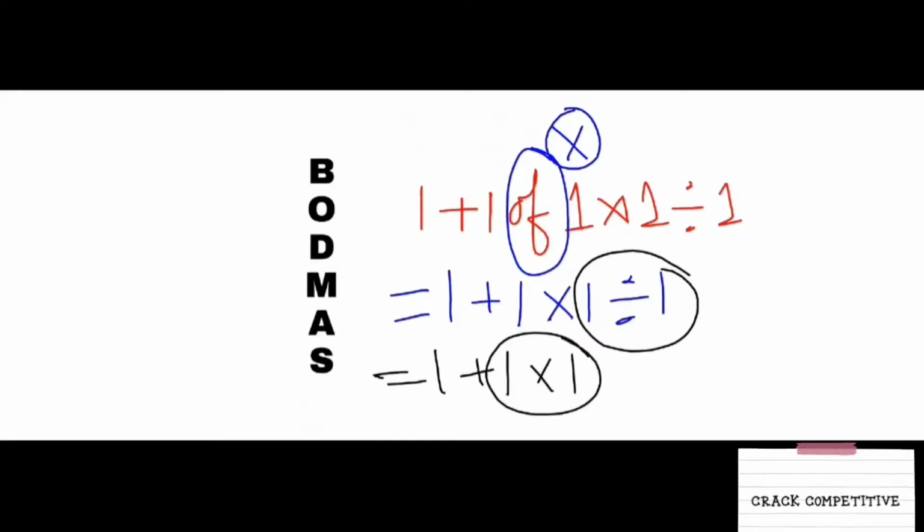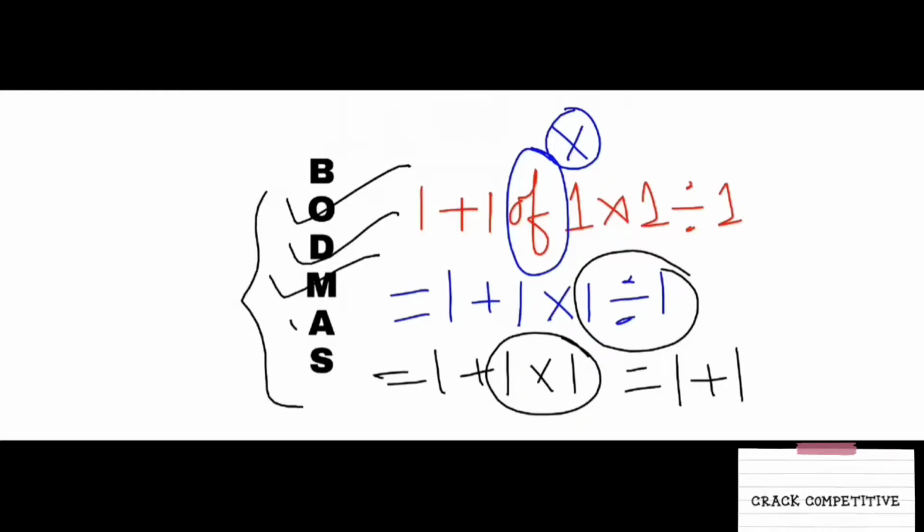You have done first 'of', then you have done division, then you have to do multiplication now. 1 plus 1, right? There is no subtraction. You have seen this problem earlier regarding all this, so now I'm showing this as an example. Then lastly you have to do addition. So 2 is the answer.